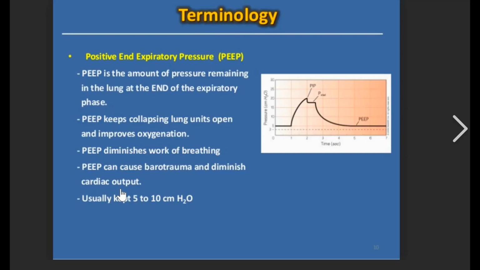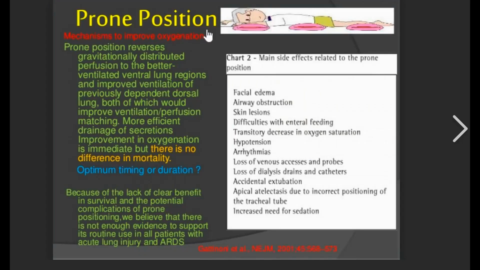And when there is decreased cardiac output, blood pressure may drop, and the patient may become hypotensive. How do patients benefit from the prone position? In the prone position, the patient is laid on their stomach. So it helps to improve oxygenation by improving the perfusion, blood supply, and ventilation to the lungs. It also helps in the drainage of secretions.